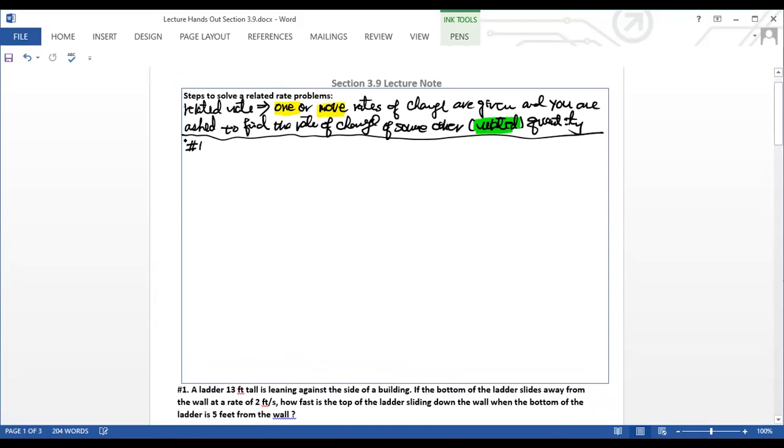Step number 1: draw a picture of your problem, if possible. If you draw a picture, it will probably be easier.